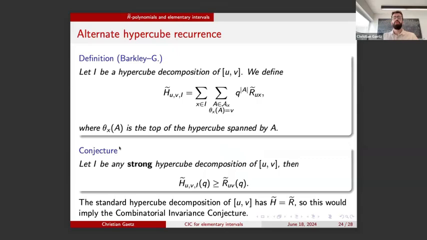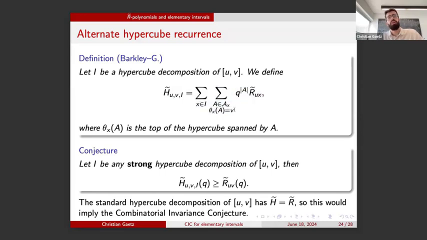Okay, so here's our definition. We take a hypercube decomposition of uv. So we have the same objects as them, but working with different polynomials. And we define this polynomial h tilde here. So this is a sum over the elements of I, so a sum over the elements of the subinterval.